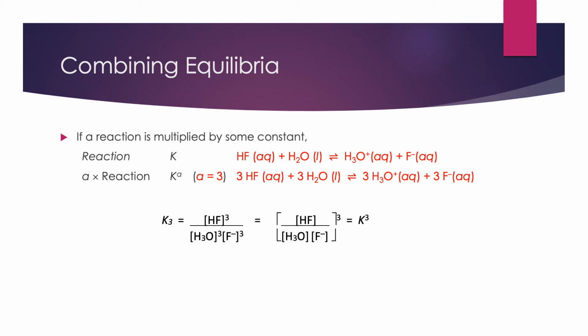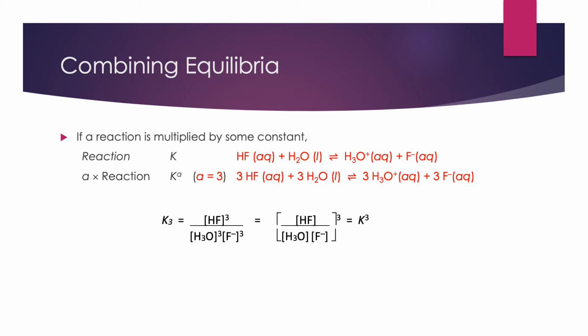We also need to know what happens if we multiply an equation by a certain constant, say a equals 3, and what happens to the equilibrium constant in this situation. So once again, we have the hydrogen fluoride acid dissociation equilibrium with chemical equilibrium constant K, and we're now going to multiply that equation by 3. And it's fairly easy to figure out what that does to the chemical equilibrium constant expression.